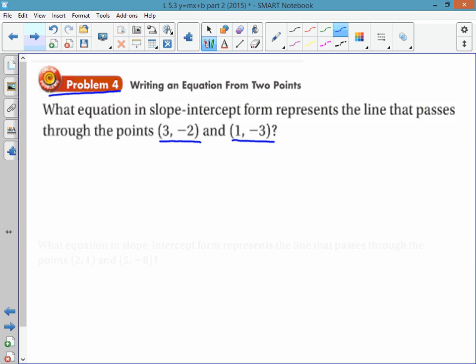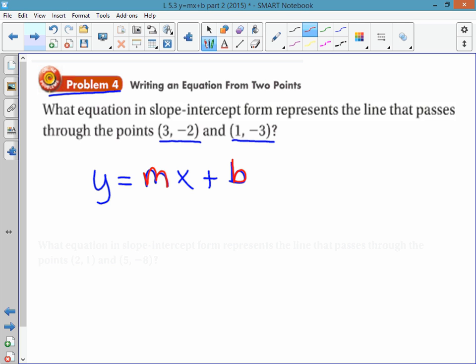The question asks what equation in slope-intercept form represents the line that passes through these 2 points. Now you remember that the slope-intercept form is y equals mx plus b, where the m is the slope and the b is the beginning point or the y-intercept.